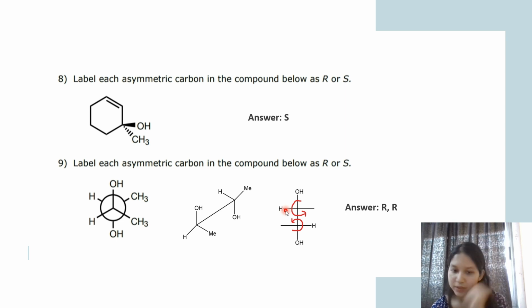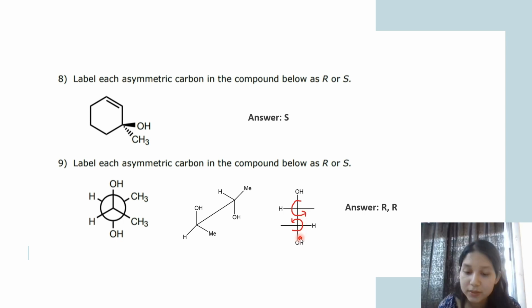Let's move from 1 to 3. 1, 2, 3. We are moving in an anti-clockwise direction. But the fourth priority group is placed in the horizontal plane. So like I said, the rules will reverse. So anti-clockwise becomes R. I hope this is clear. The hydrogen is placed in the horizontal plane, so the rules will reverse and the anti-clockwise becomes R.